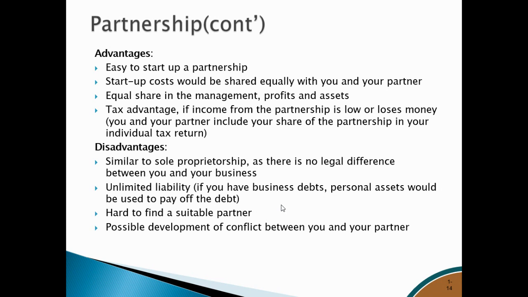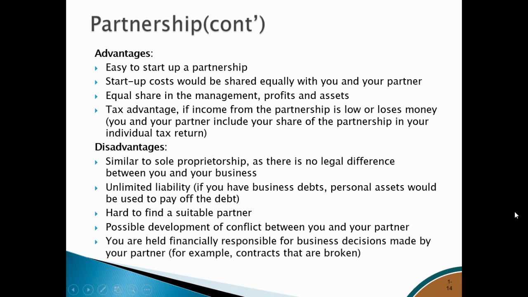And financially, let's say you have two partners, one partner has signed an agreement in a company, then both partners will be financially responsible for the decision. Even if a single person made a mistake, even if a single person broke the contract, the other partner has to pay for it. So that is again the disadvantage.